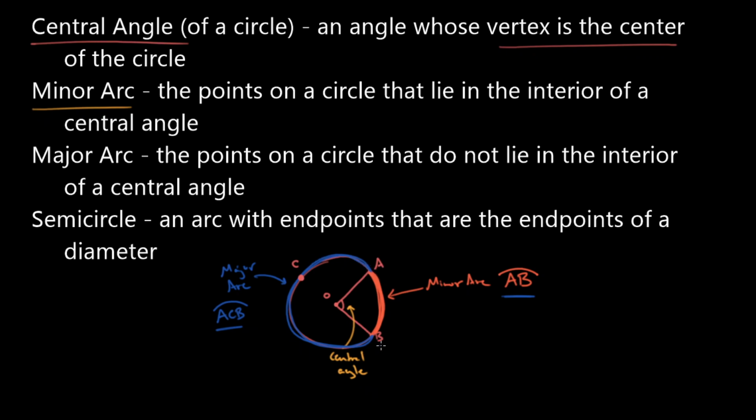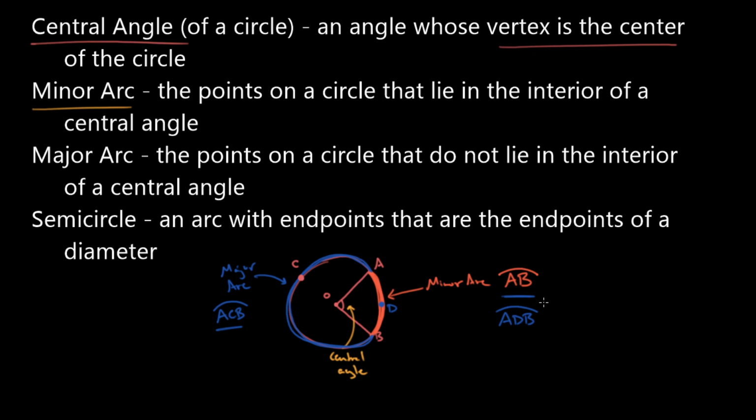I have to give a third point. Now, could I name my minor arc if I knew another point over here? Let's say this point was D. Could I also refer to this as arc ADB? Absolutely, I could. I think of this like when we were initially naming angles, we could just call something angle A if it was non-ambiguous, or we could refer to it as angle BAC, for example, to give it its full name.